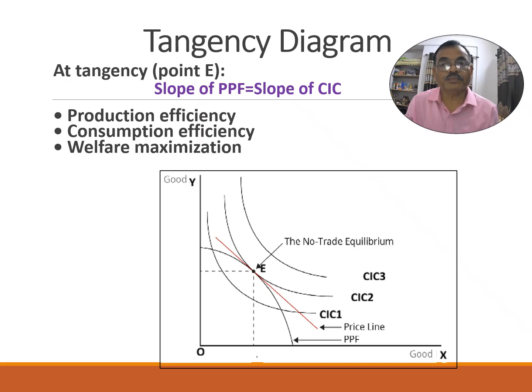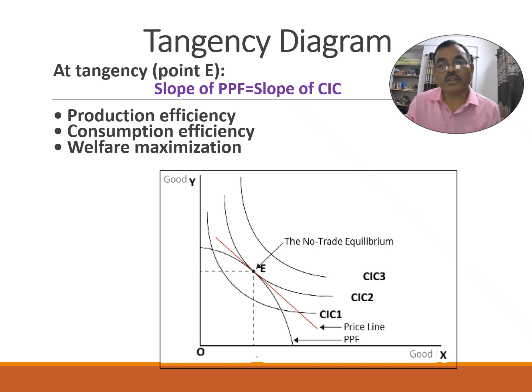Therefore, this point represents production efficiency as well as consumption efficiency. And at this point, maximum social welfare is achieved. This is the optimal point in a closed economy.